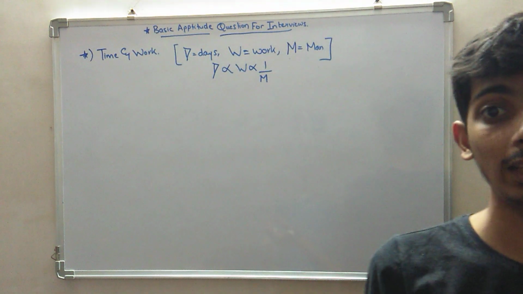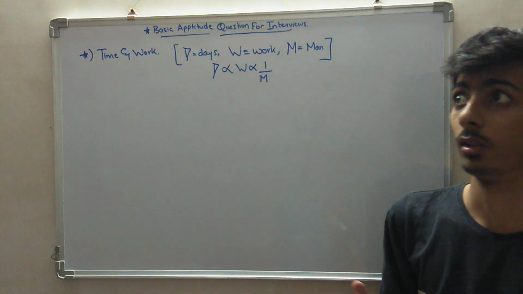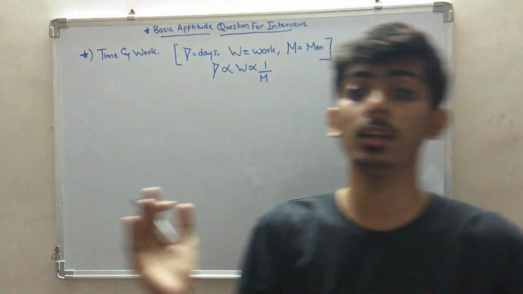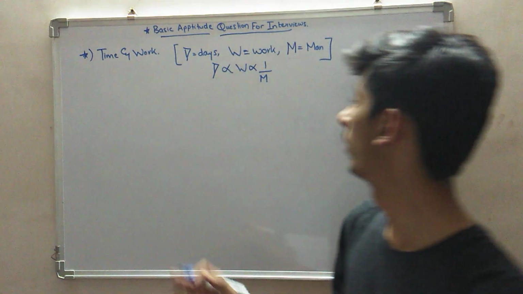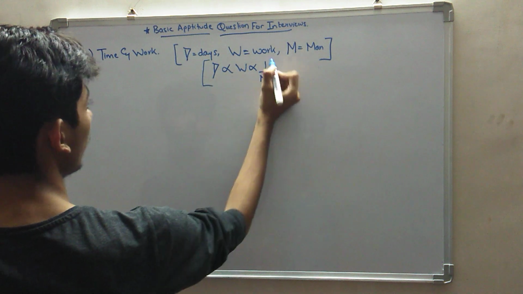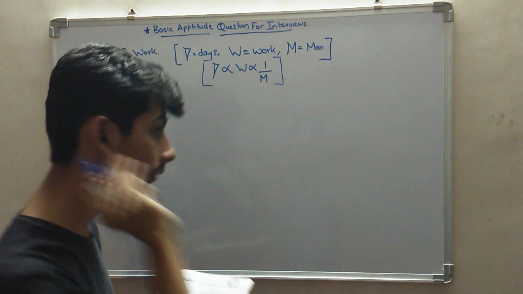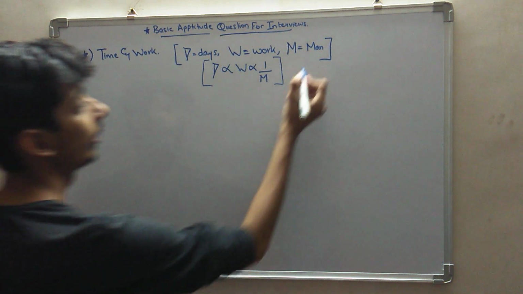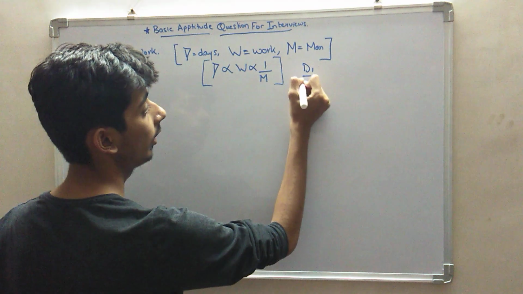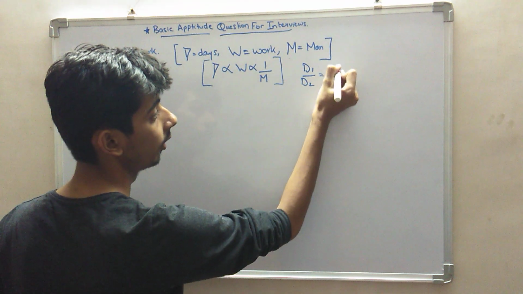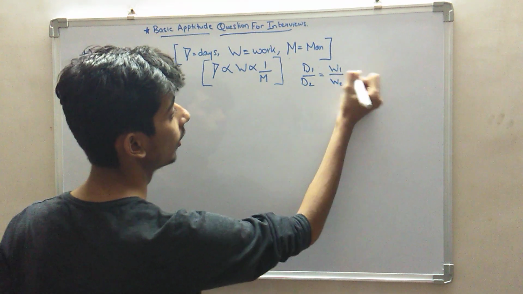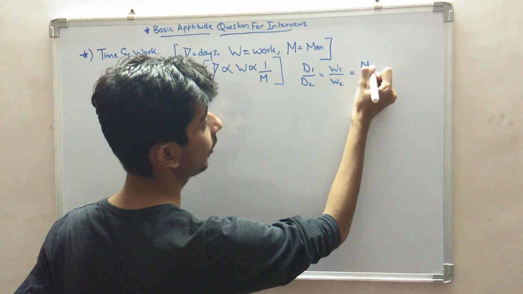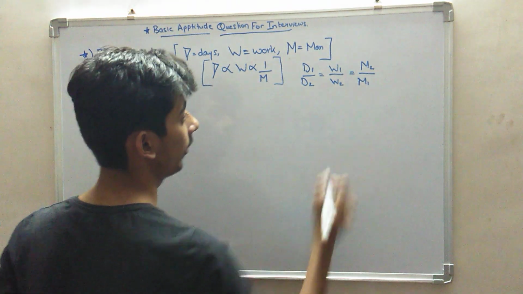The more men, the less time, meaning the work can be completed faster. Therefore, D is proportional to W and inversely proportional to M. Now we can say D1 upon D2 is equal to W1 upon W2, which is equal to M2 upon M1.